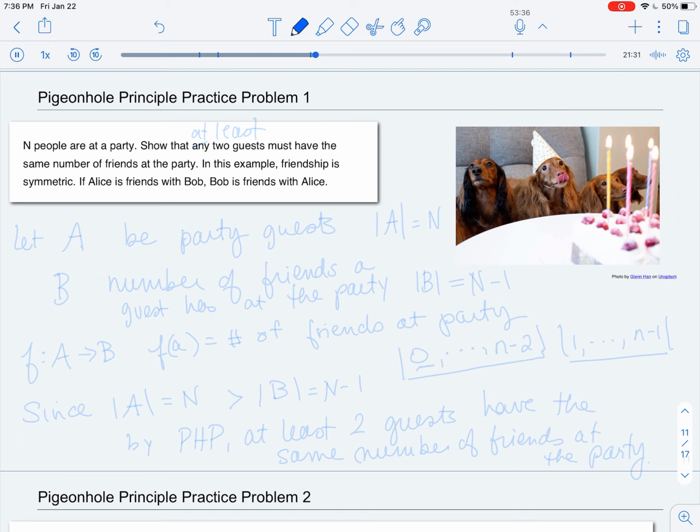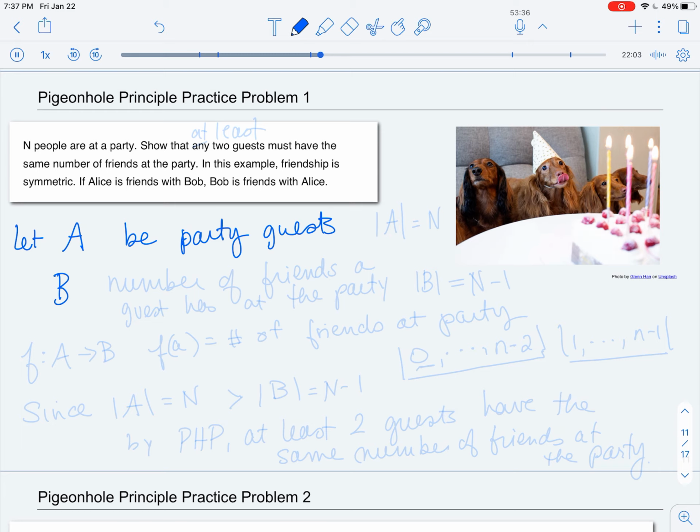Okay, now when we do this, we want to think about what would be our set A and our set B, representing the pigeons and the holes. So our set A is going to be the n people at the party. And our set B we have to think about. Oftentimes the set B, the pigeonholes, has to do with the claim that we're trying to show.